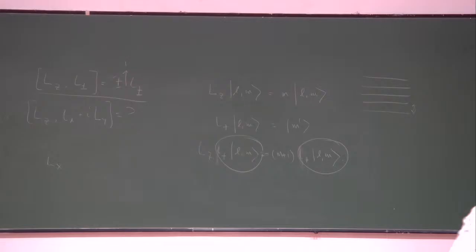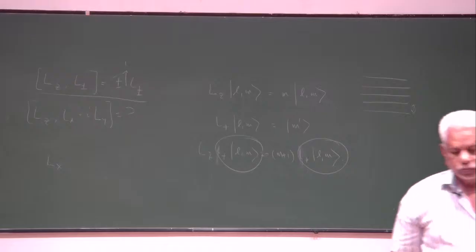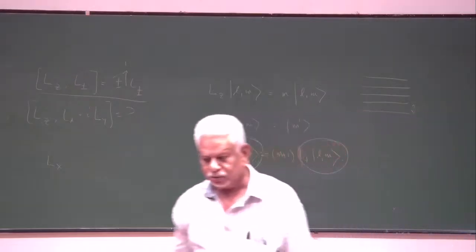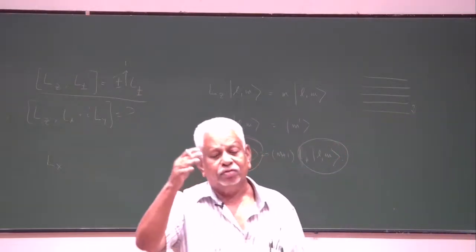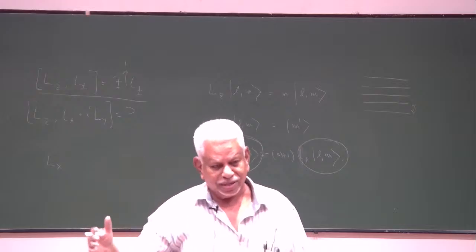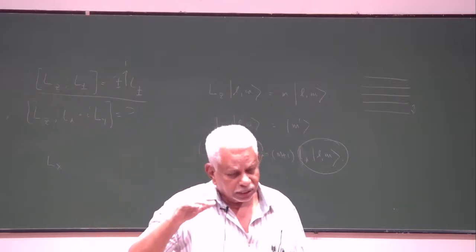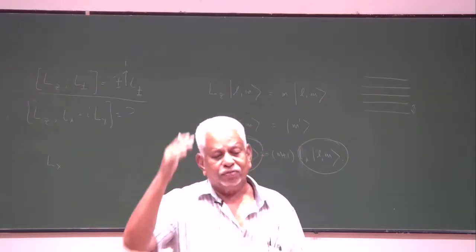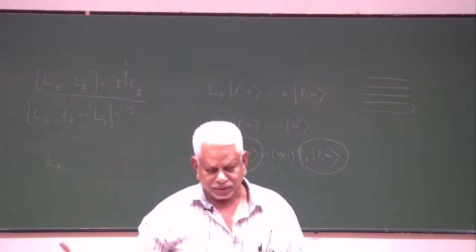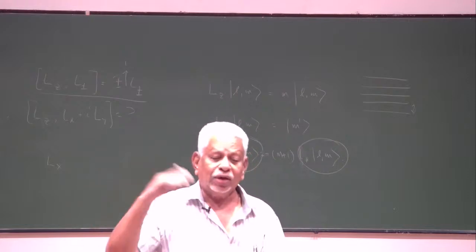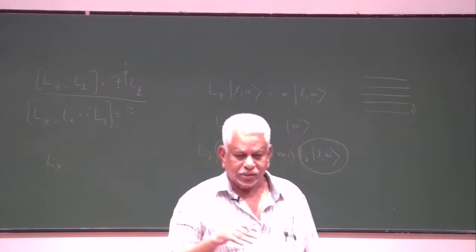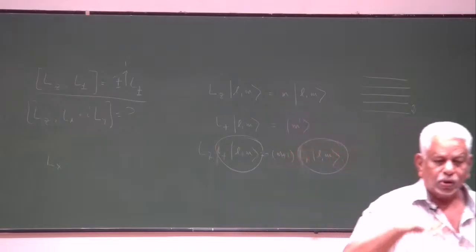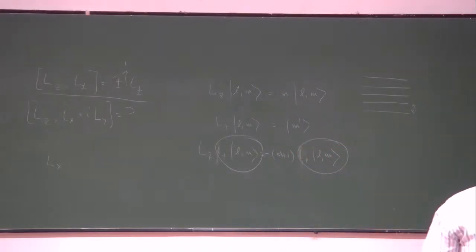Now if I take Lx square, eigenvalues are, if A has eigenvalues A1, A2, A3, the square of that will have A1 square, A2 square, A3 square. That is all. The square of a matrix has eigenvalues that are the squares of the eigenvalues, as simple as that, because you can diagonalize it.